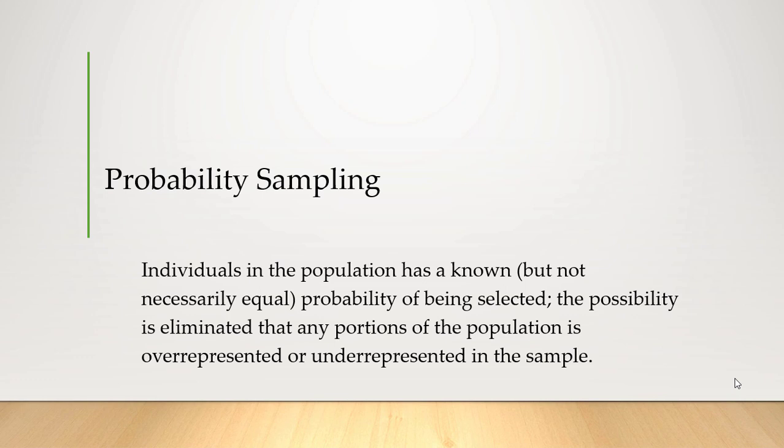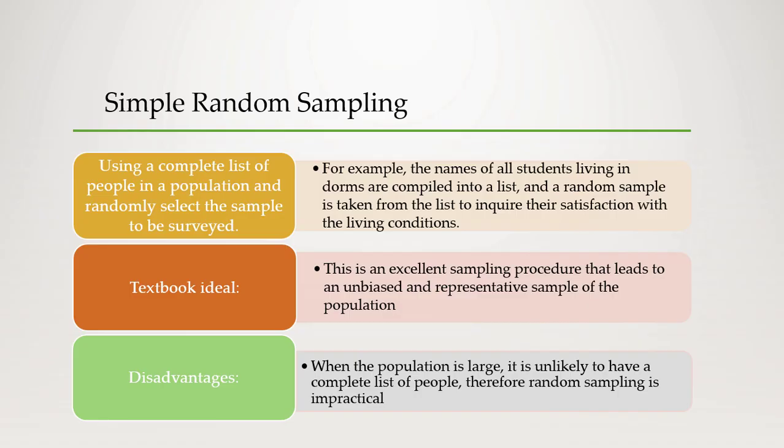For non-probability sampling, this knowledge is not available. Having a known probability of being selected allows some statistical manipulation so that more accurate inferences can be made about the population based on the sampling probability.